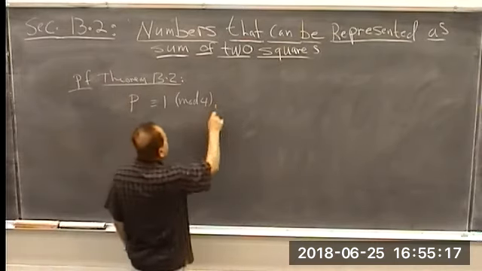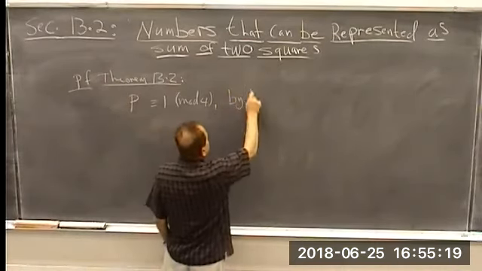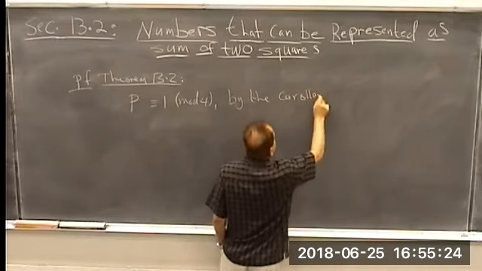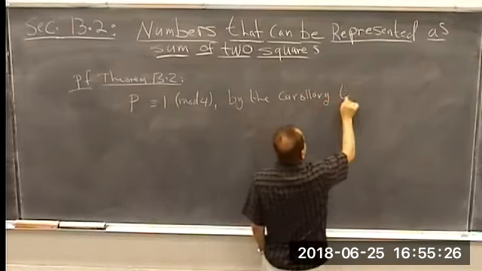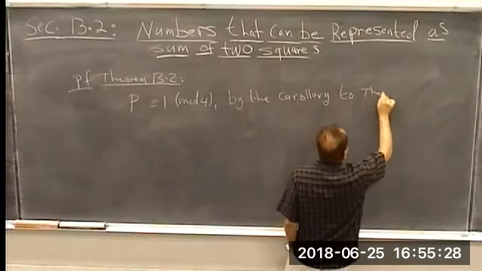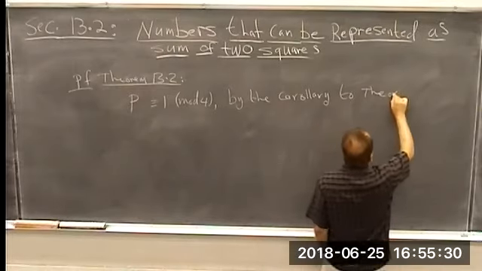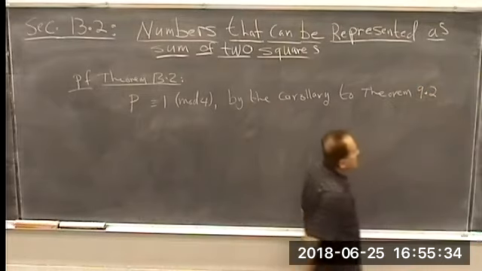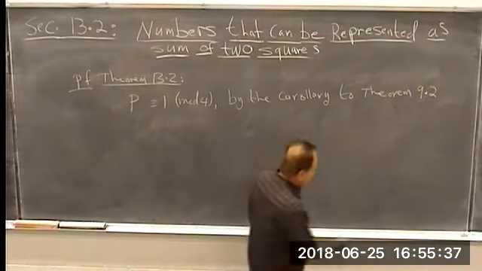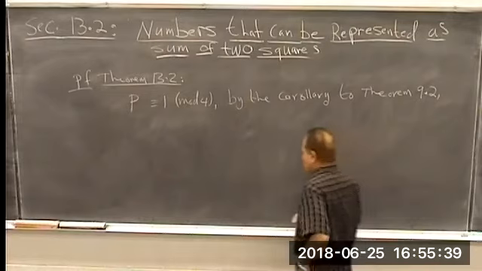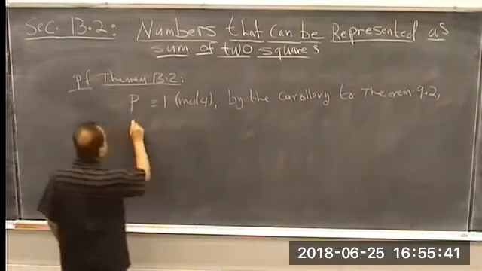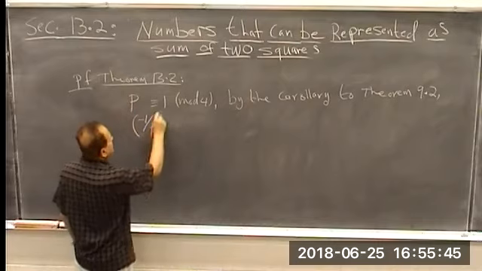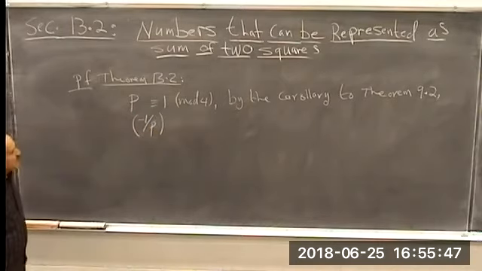Then by the corollary to theorem 9.2, I believe, which gives us the Lagrange symbol for -1 over p is equal to 1.